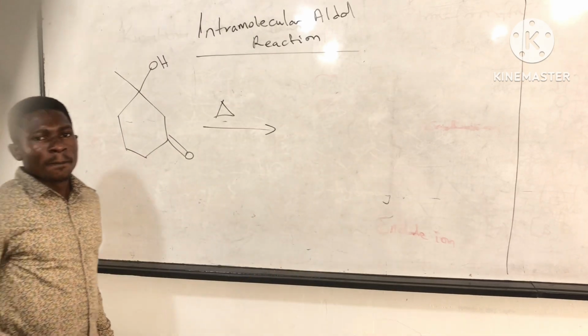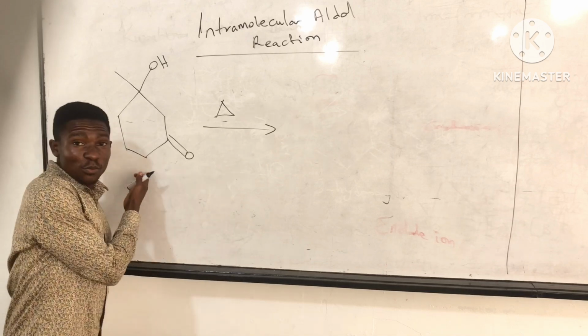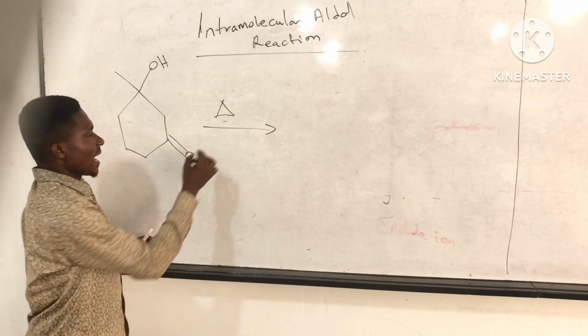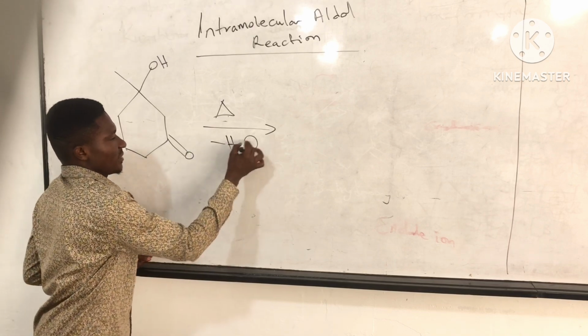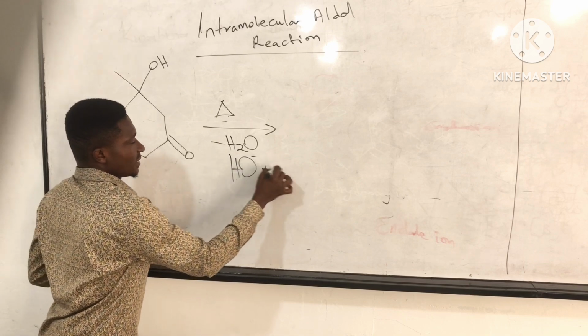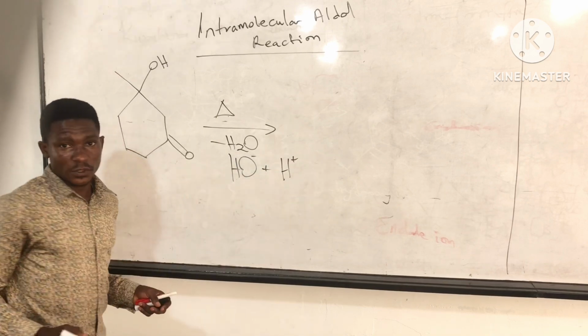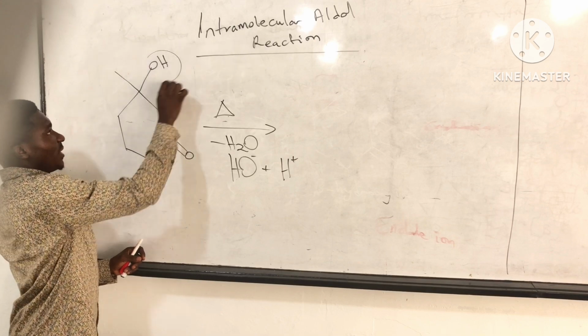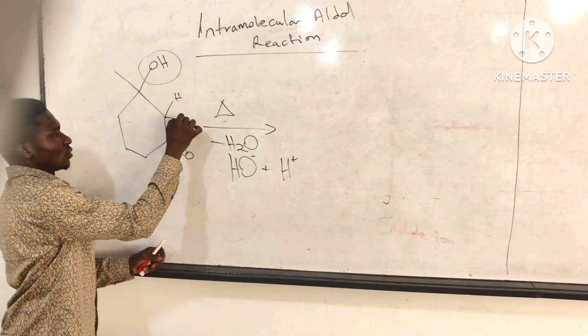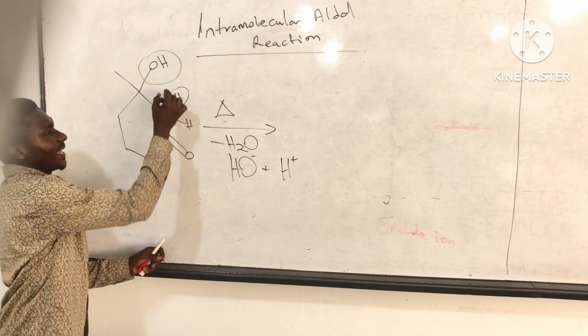Good. Now this is our aldol product, and if I subject it to heat, I expect to remove water from it, and we know water is made up of a hydroxyl group and a proton. Now we have a hydroxyl group here. We are going to take it off, in addition to one of the protons in here.